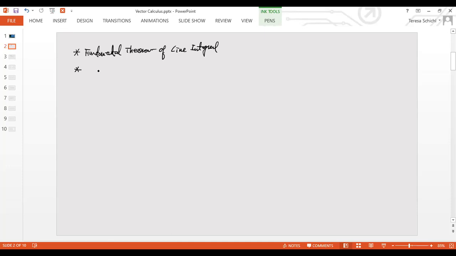Then we're also going to talk about independence of the path for the line integrals. Wow, that's interesting, okay? And then the other thing we're going to talk about is a conservative field.